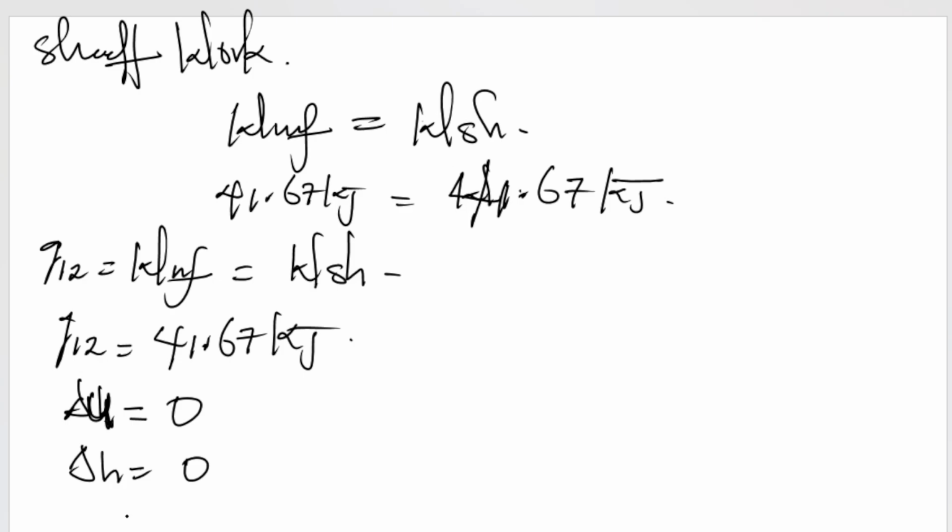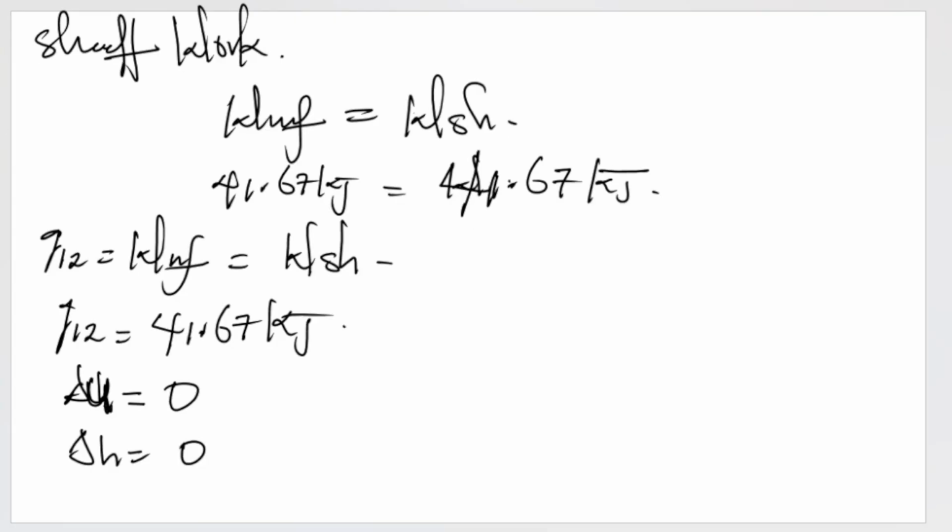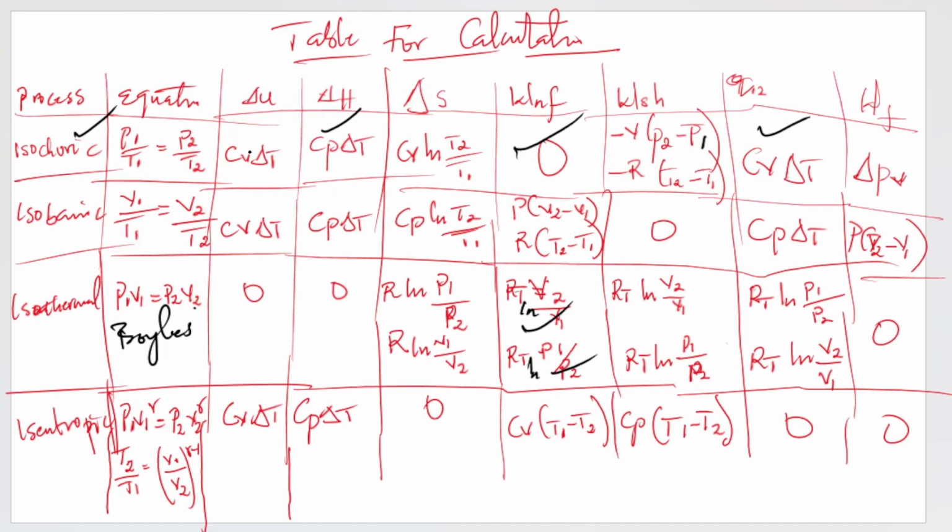Now, what's the next thing we are to calculate? The change in entropy of the system. From our simplified table, to calculate the change in entropy for an isothermal process, you have an equation that says R ln P1 over P2. Are we together? Is this the same equation as this? No, it is not the same equation.